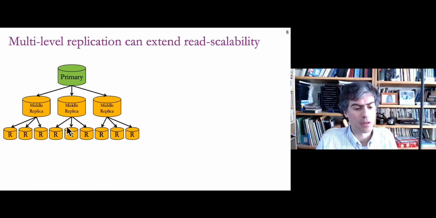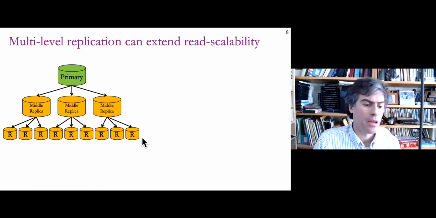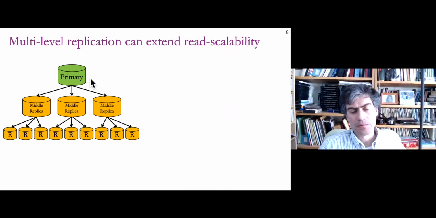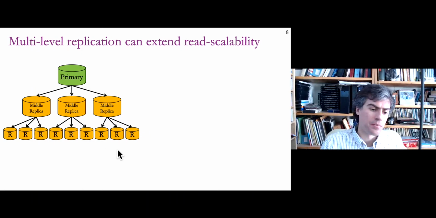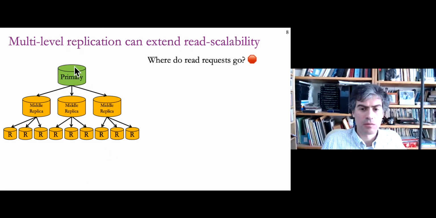So we have 9 read replicas, but the primary is only doing 3 times as much work for every write as it would have to do if there was no replication. Okay.